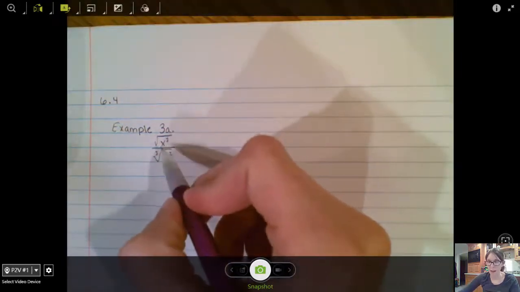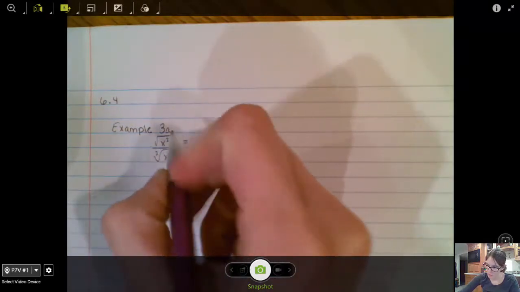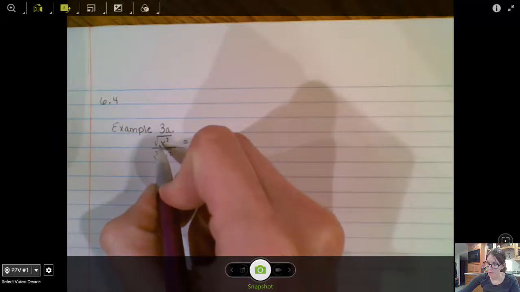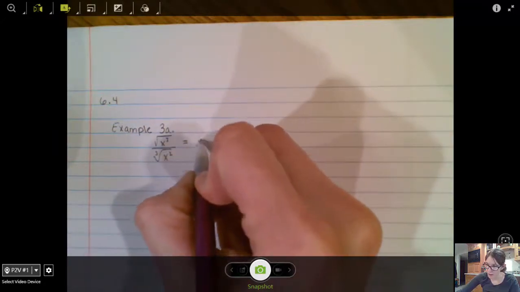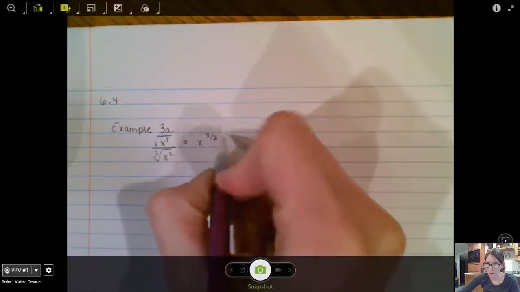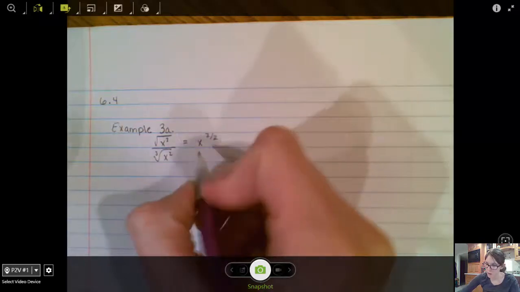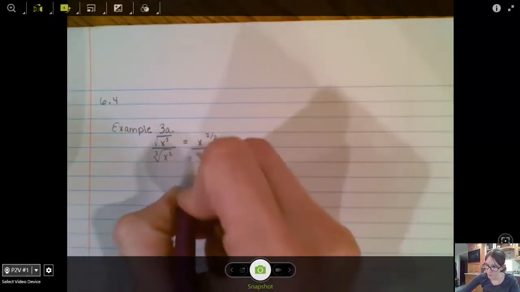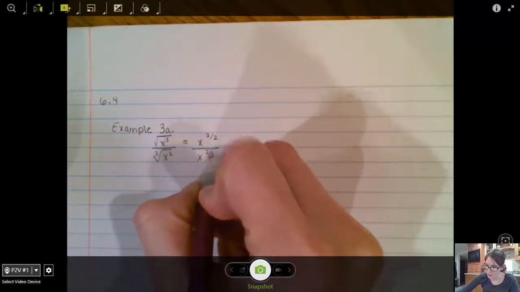But actually, if we instead think of this as a rational exponent, our square root of x to the third is really x to the 3/2 power. Again, remember your numerator is the power, denominator is the root, over, right here we'd have x to the 2/3 power.